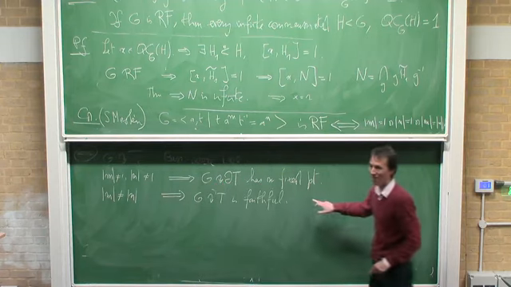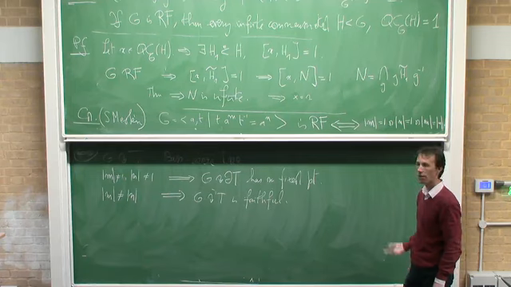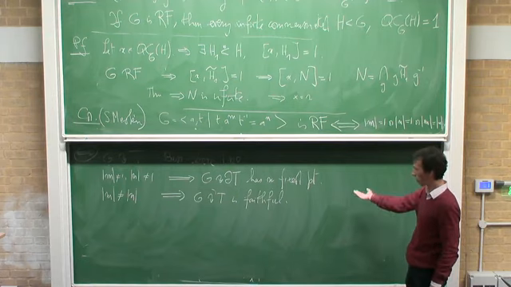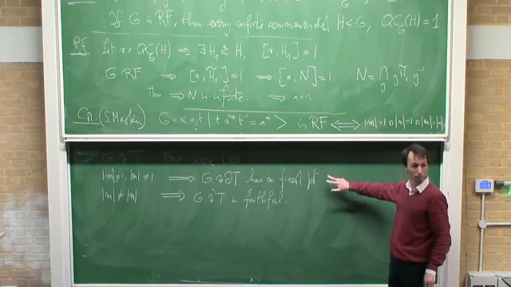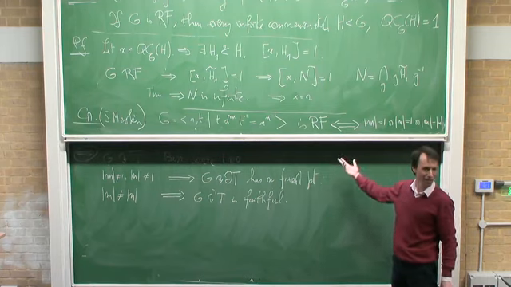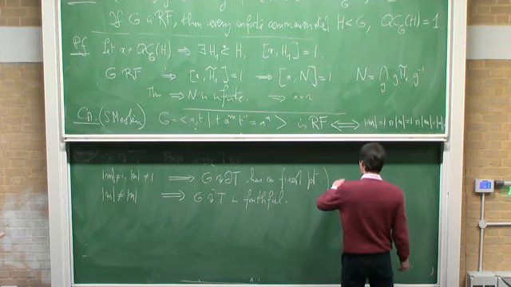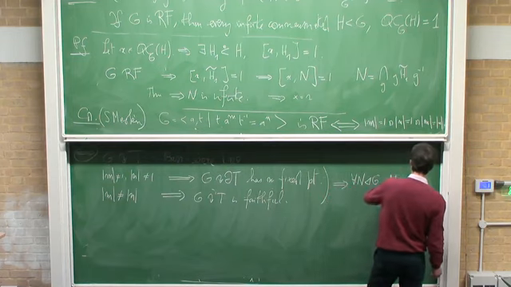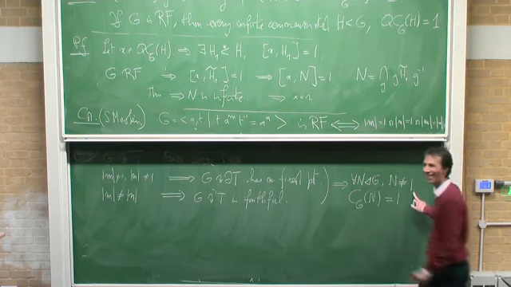So this is something else you need to check. And now you get a group acting vertex transitively without a fixed point at infinity on a tree. These are equivalent. Yeah, absolutely. And so from this, I conclude that for every non-trivial normal subgroup N of G, the centralizer of N is trivial.